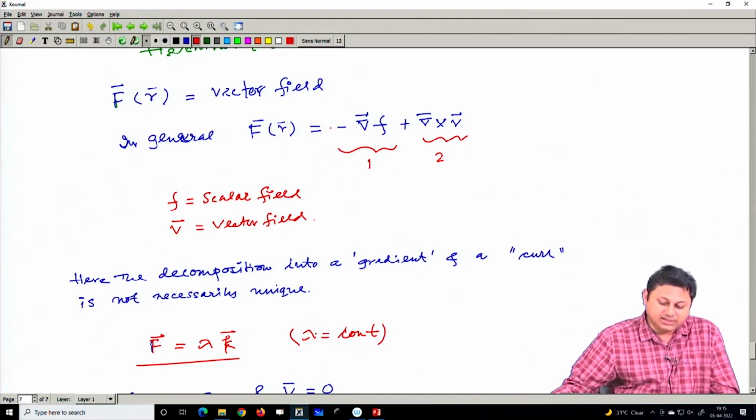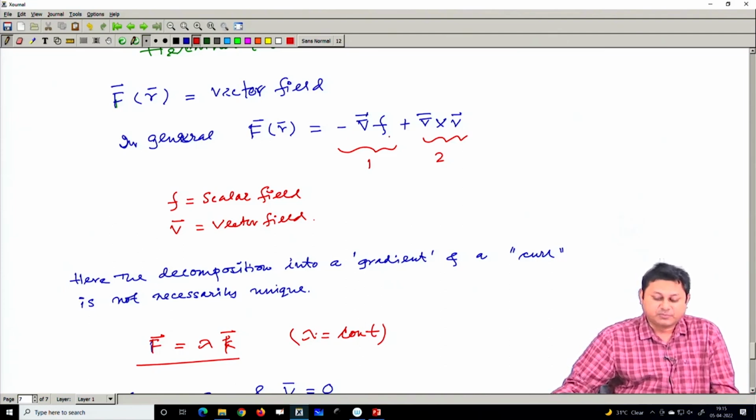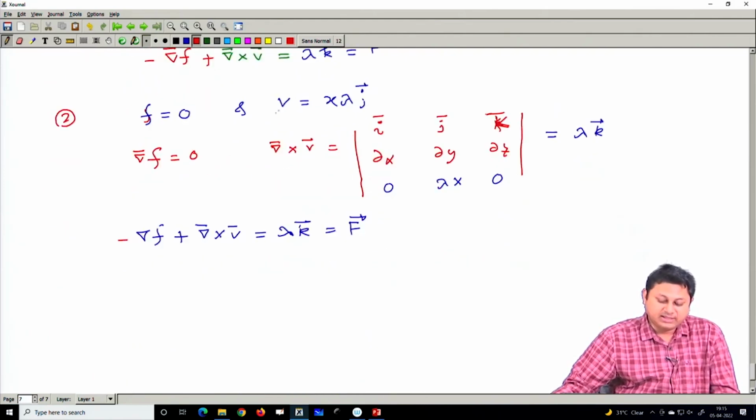There is no special reason to put this negative sign, but later we will find that this leads to some sort of potential, and normally for a potential we put a negative sign, and that carries through.